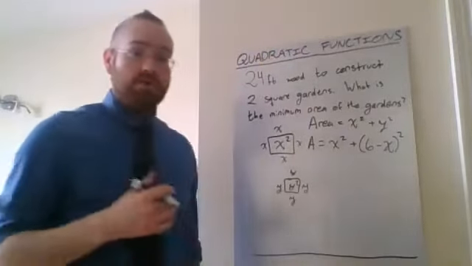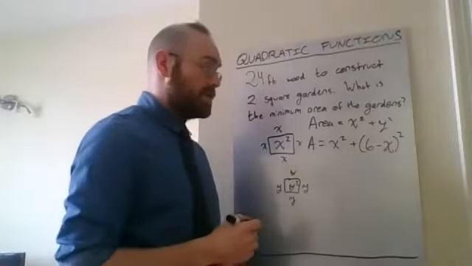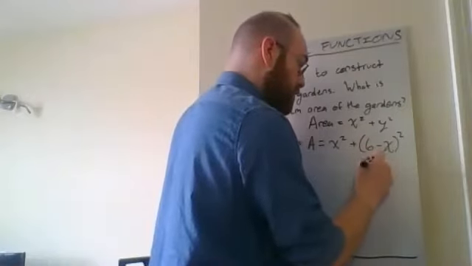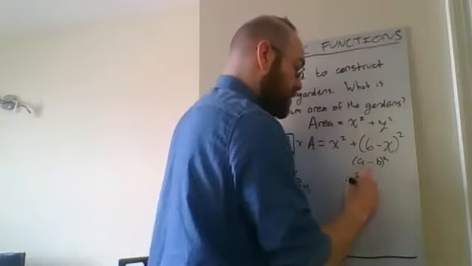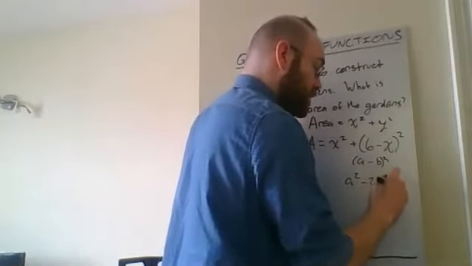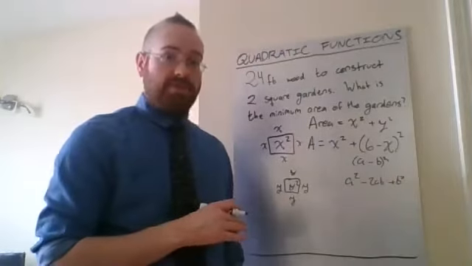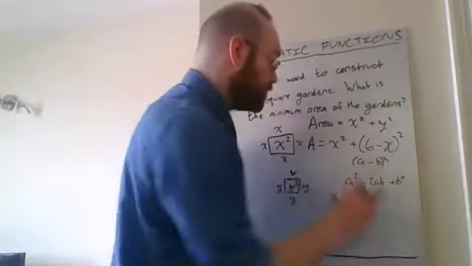Now we can fairly quickly expand this (6 minus x) squared using the formula (a minus b) squared is a squared minus 2ab plus b squared. This comes from our difference of squares formula.